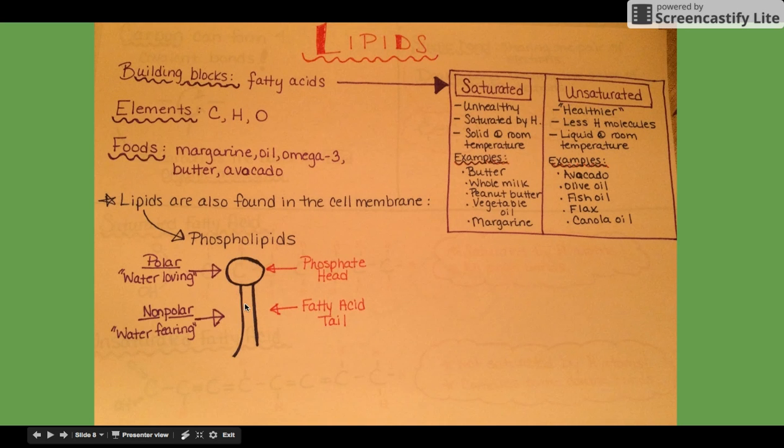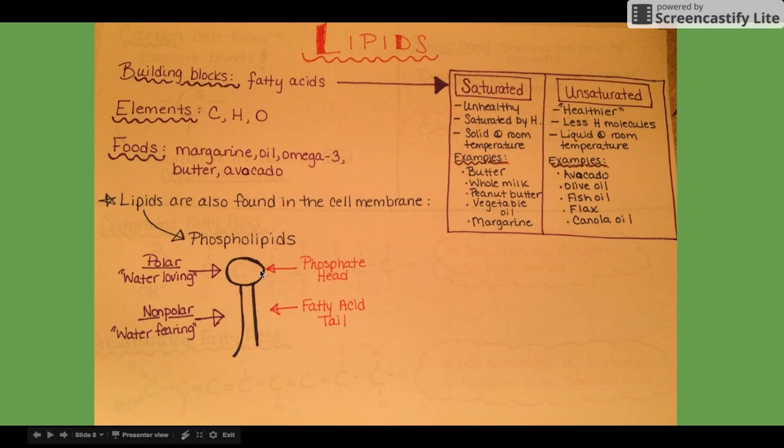So these fatty acid tails here are going to be the kind of hydrocarbon chain, because when you look at the structure of lipids, they're just going to be long chains of carbons and hydrogens, which I'll show you on the next slide. And so the phosphate head is going to be polar, which, if you remember from the properties of water, that polarity means that it's partially charged, and so it means that it wants to interact with water.